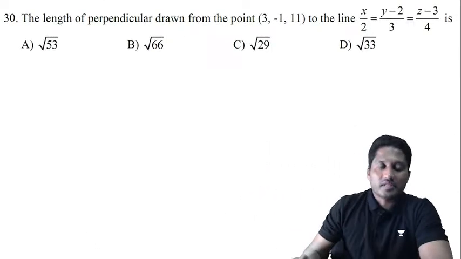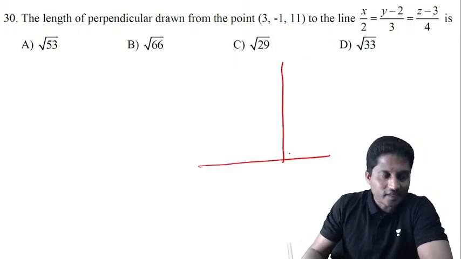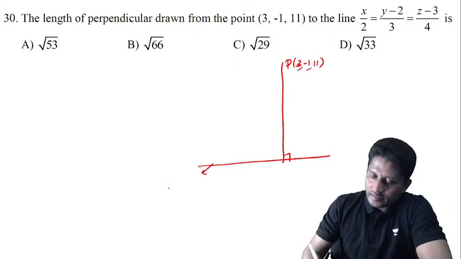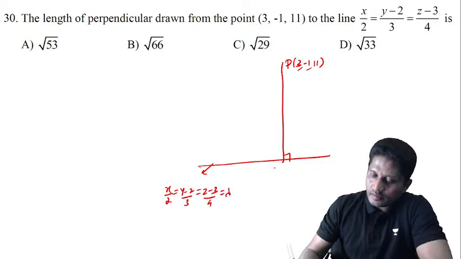Okay. Question number 30. Length of the perpendicular. Here also you can't apply any shortcut. Length of the perpendicular drawn from the point (3, -1, 11) to this line, that is x by 2 is equal to (y minus 2) by 3 is equal to (z minus 3) by 4. Let this be equal to lambda. If I cross multiply, this is the foot of the perpendicular.